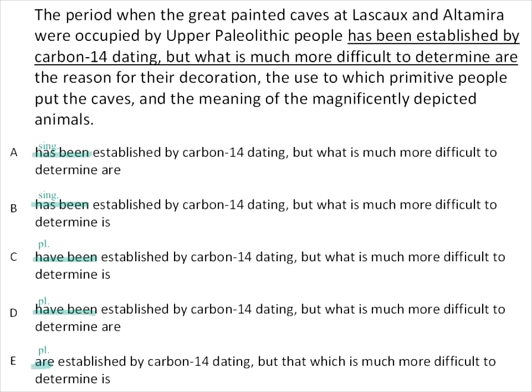But these do. So does anybody know what the subject is of this and why? Text box, what is the subject? So a few of you are indicating, yeah, the subject is period. Okay, now who knows why? Let's type into the text box a quick explanation of why.